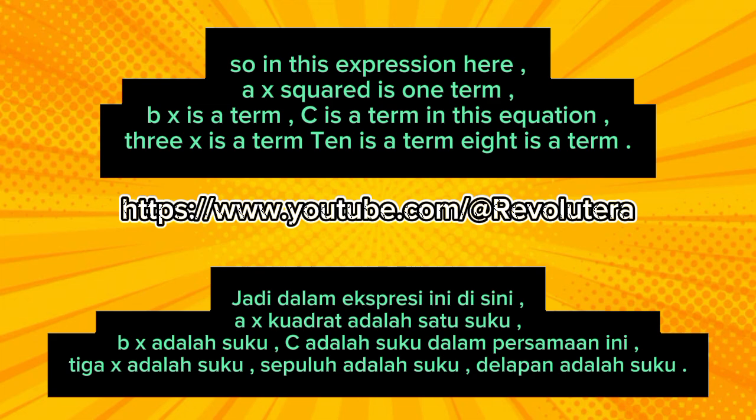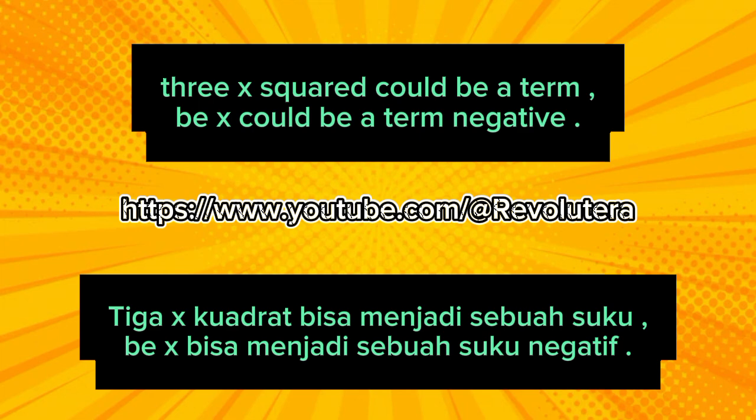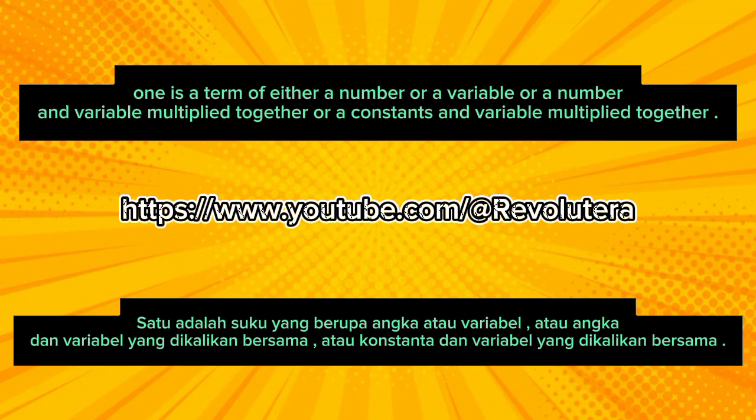In this equation, 3x is a term, 10 is a term, 8 is a term. Over here we have examples. 3x squared could be a term. bx could be a term. Negative 1 is a term. A term is either a number, or a variable, or a number and variable multiplied together, or a constant and variable multiplied together.